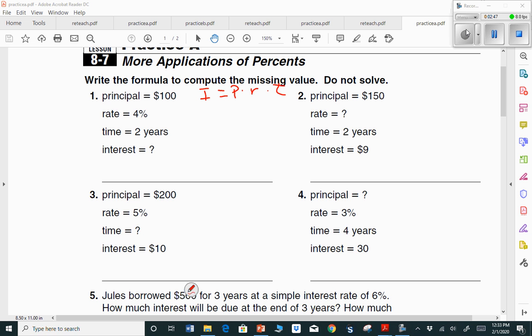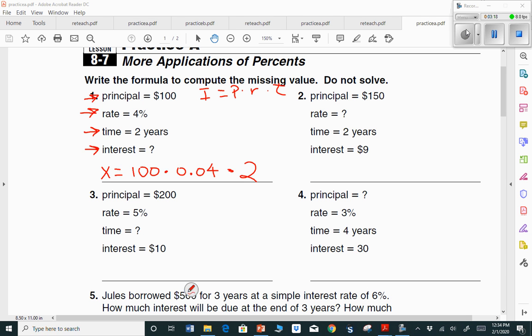So I, interest, is the question mark, so we're going to put X there, equals principal is 100 times rate is 4%. So we're going to put 0.04 because we need that expressed as a decimal, times time, which is 2 years.